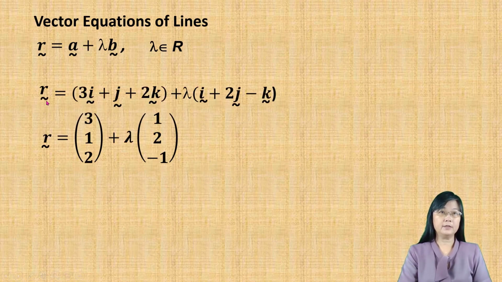When writing the vector equation of a straight line, other than using ij form, we can also use column vector form. That is 3 is x, 1 is y, 2 is z as the position vector of the point. For direction vector, 1, 2, and negative 1. So this is the column vector form of the vector equation.